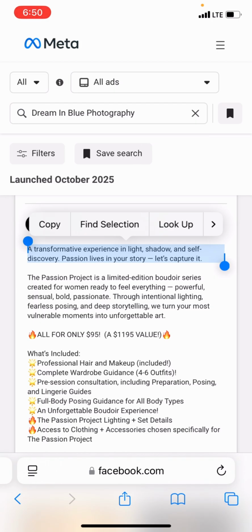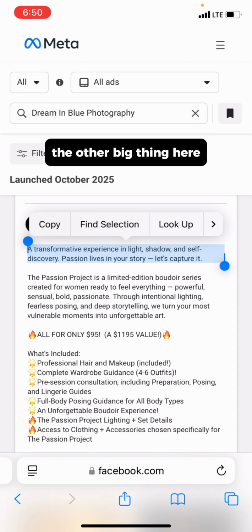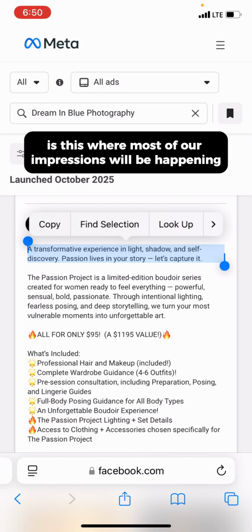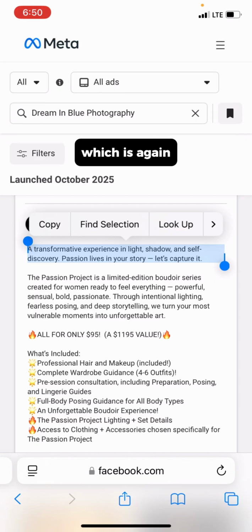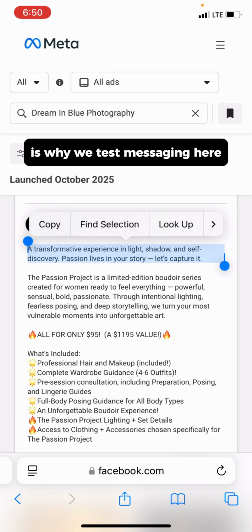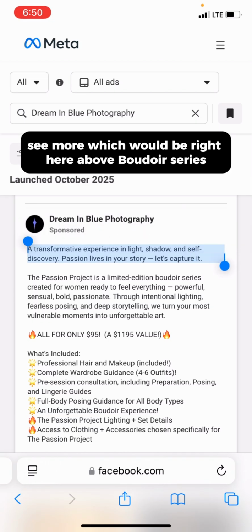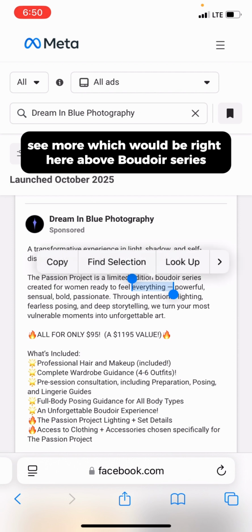So the other big thing here, Facebook mobile app newsfeed, is where most of our impressions will be happening, which again is why we test messaging here, and it gives the most characters to provide the most context to get someone to click the see more, which would be right here above Boudoir series.